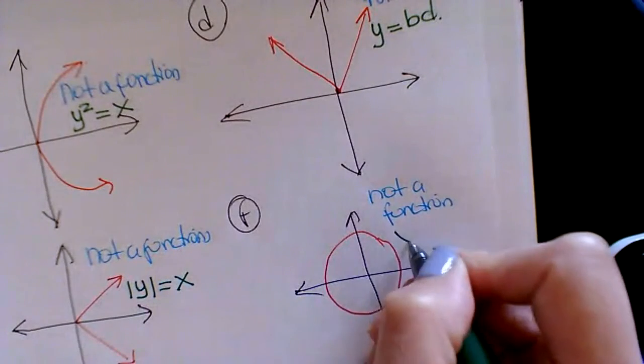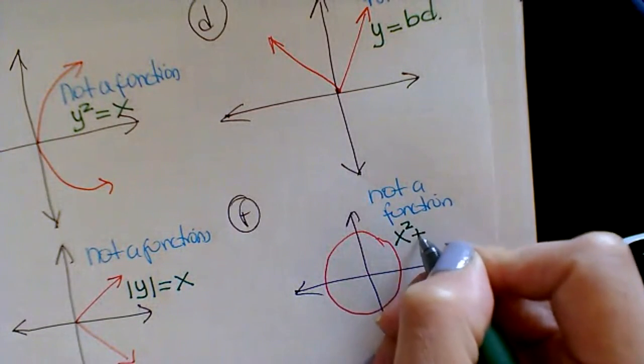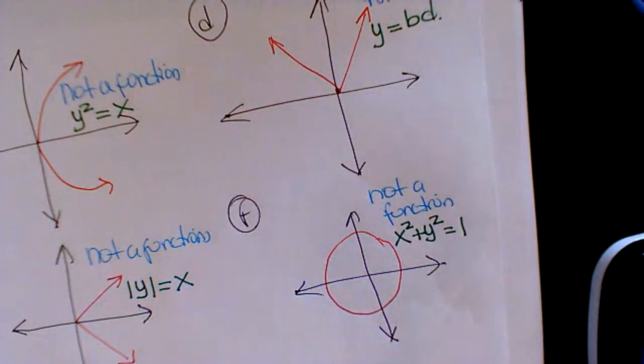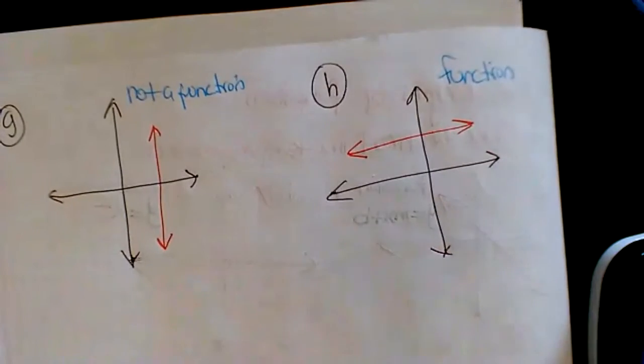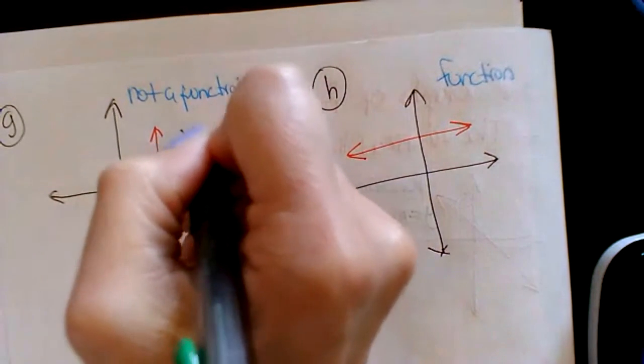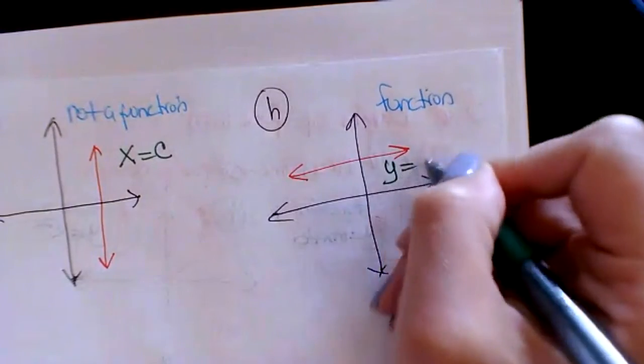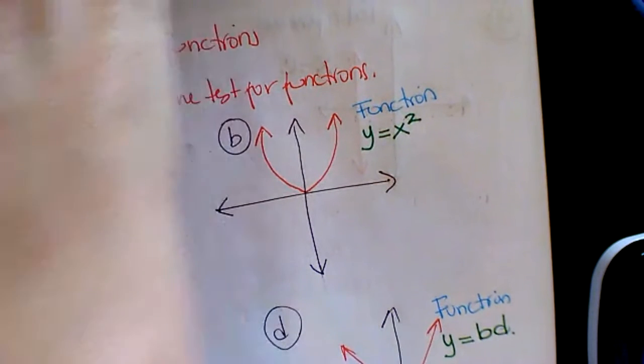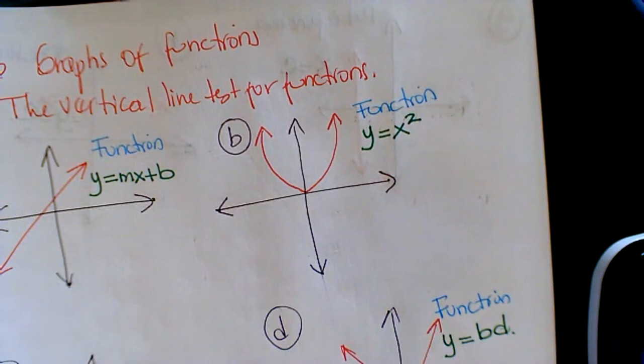This is the circle formula. And the last two, when x is equal to a constant or when y is equal to a constant. So now we found the relationship between x and y.